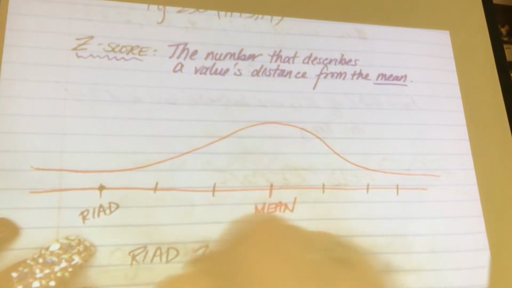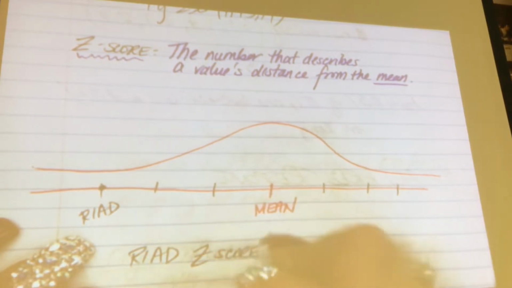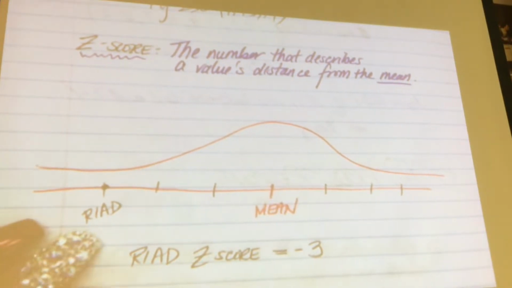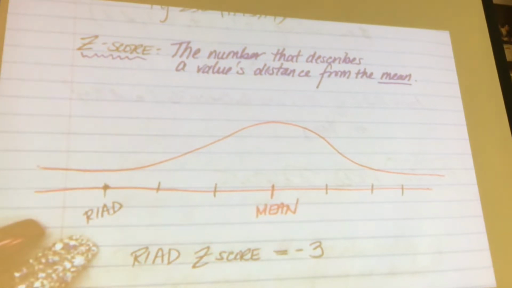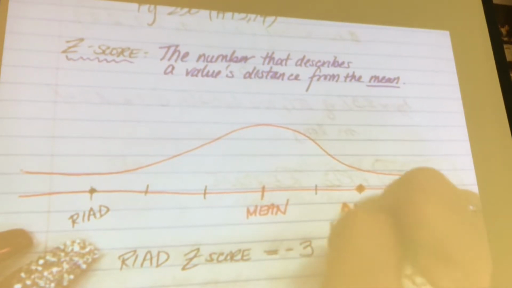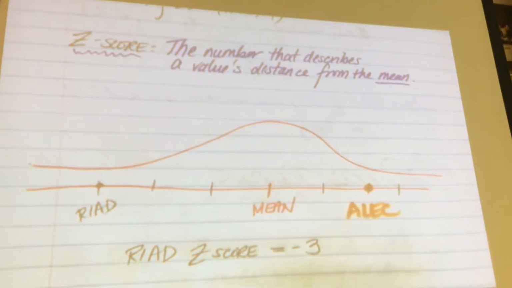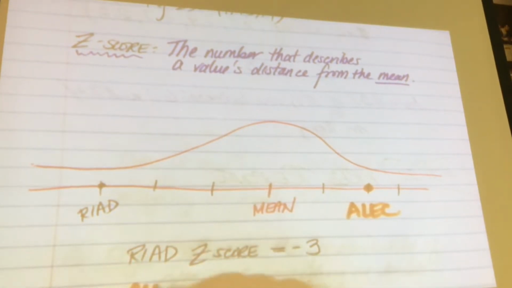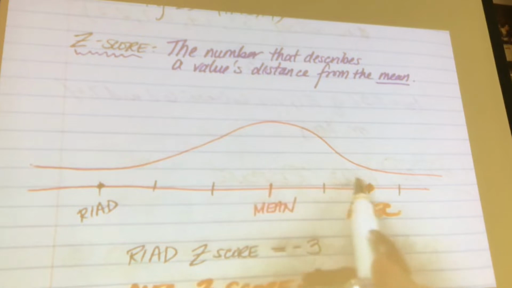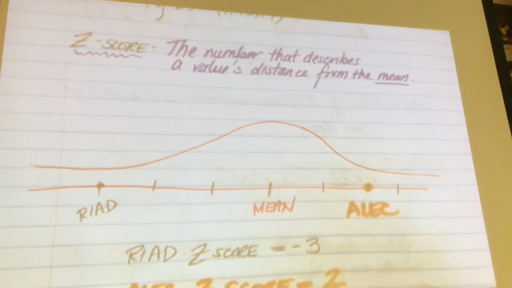Because it's to the left of the mean, my Z-score would be -3, if that's where I was standing. Let's say Alec is right here. If I wanted to know what Alec's Z-score was, you just look past the mean, 1, 2. So Alec's Z-score would be 2.